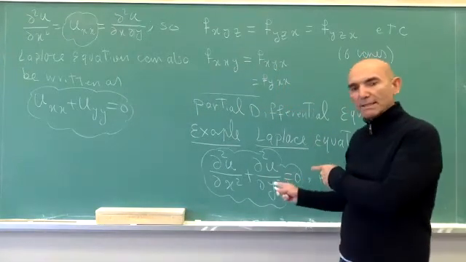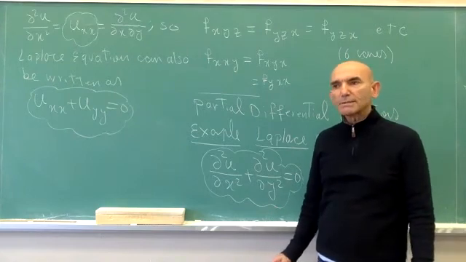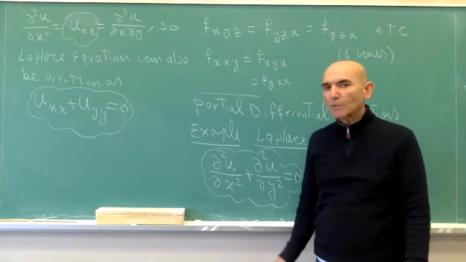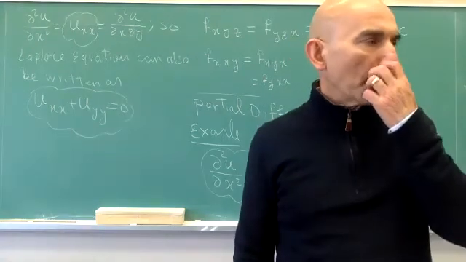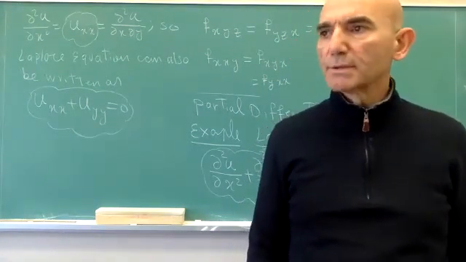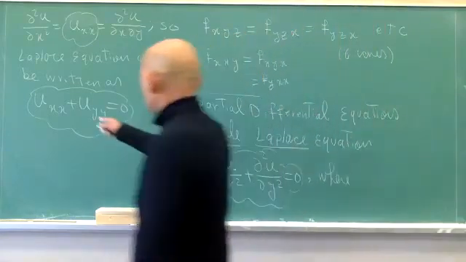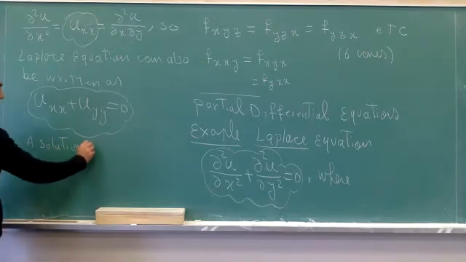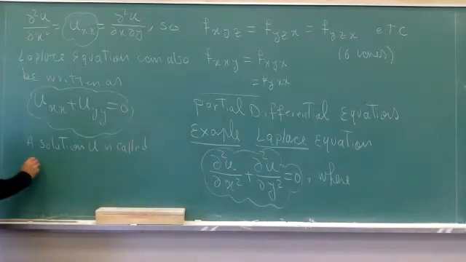Now, a function that satisfies this equation, do you know what it's called by any chance? I don't expect you to know it. Maybe in your electrodynamics or electromagnetism courses, you have seen the definition. These are called harmonic functions, right? So this U, a solution, U is called a harmonic function.